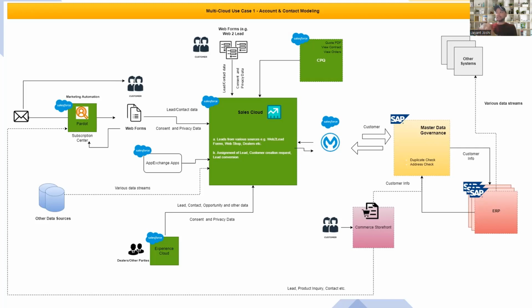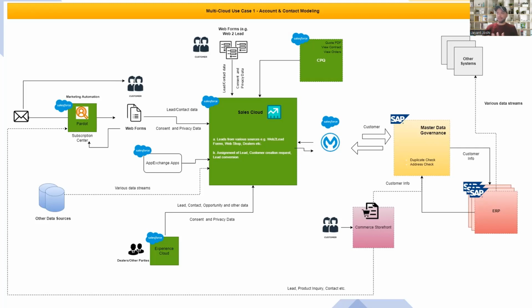This master data governance system is also the system of record, and from there you can distribute the account information to, let's say, other SAP systems or other ERP systems like S/4, or maybe even a commerce storefront. So this basically controls the customer information and sends it to a lot of other systems. A similar thing could happen for contacts.